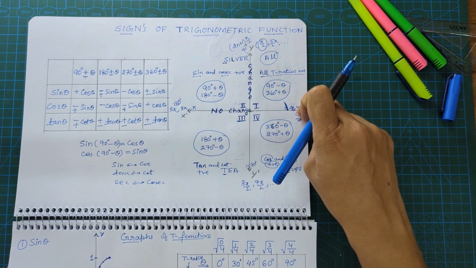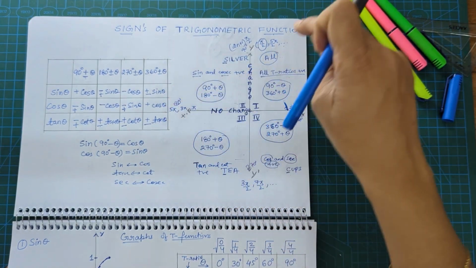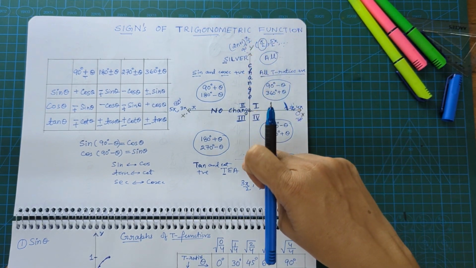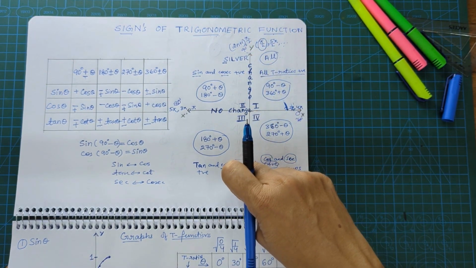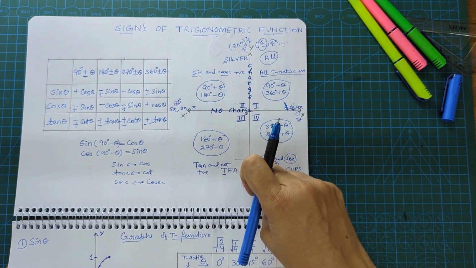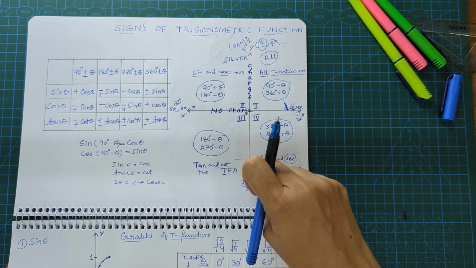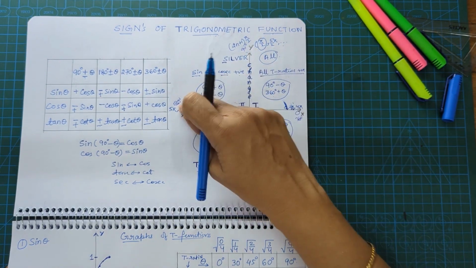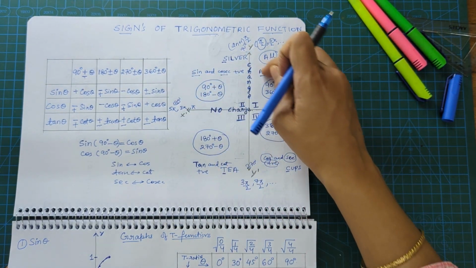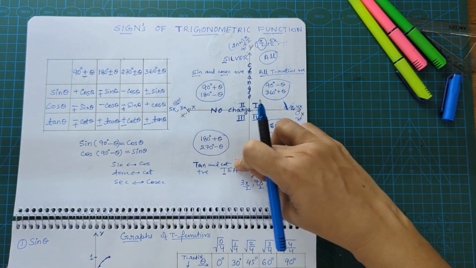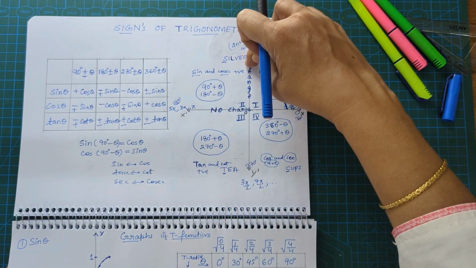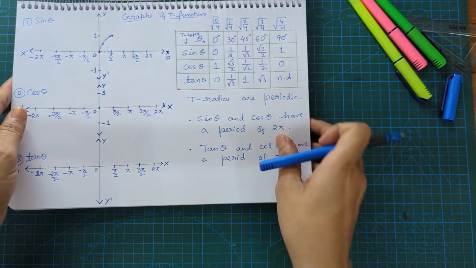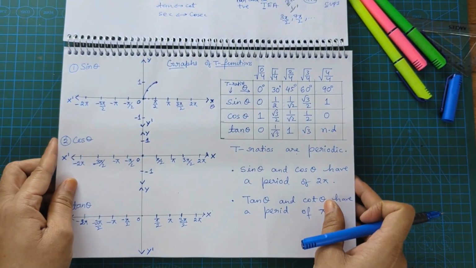Sine 90, that is pi by 2, is 1, sine 270, at 3 pi by 2, is minus 1. So sine goes 0, 1, 0, minus 1, 0, 1, 0, minus 1, like that. The cycle continues. So I'll keep that in mind while drawing the graph.